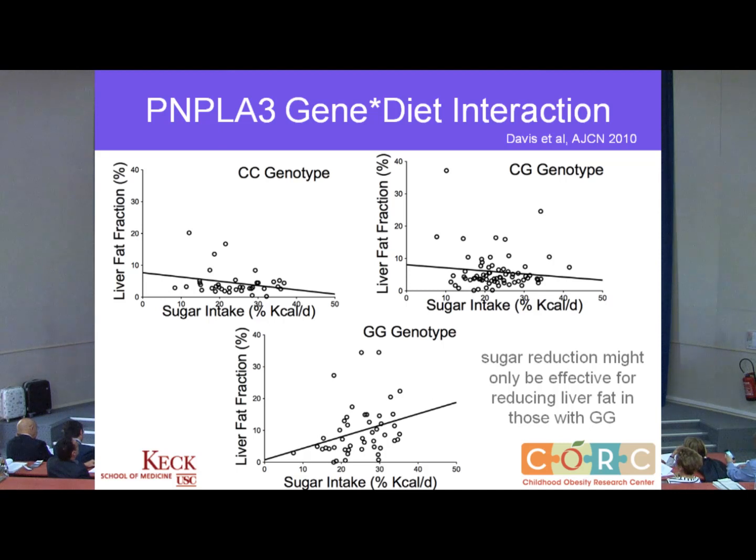But in those in the very high risk group with the double G allele, you can see there's a positive correlation between fatty liver and sugar consumption, such that the combination of a high consumption of dietary sugar in children and the gene were associated with the highest levels of fatty liver. So here there's a gene by diet interaction between this PNPLA3 gene and dietary sugar.